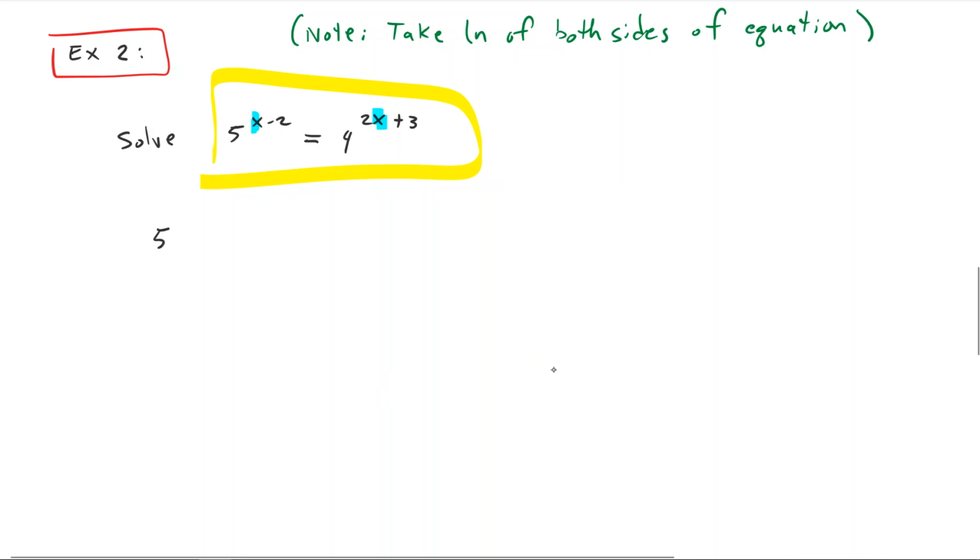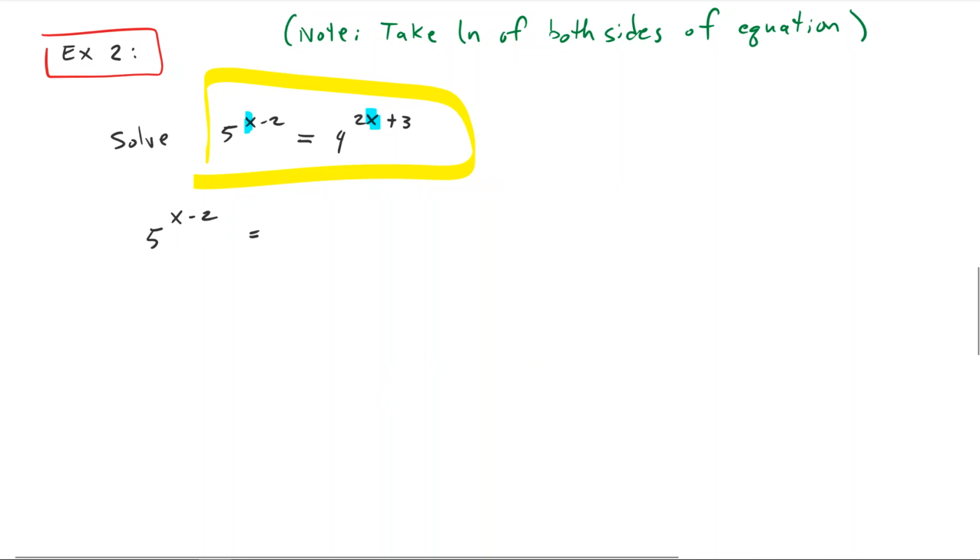So we have 5 raised to the x minus 2 equals 4 raised to the 2x plus 3, and I'm going to take the natural log of both sides.